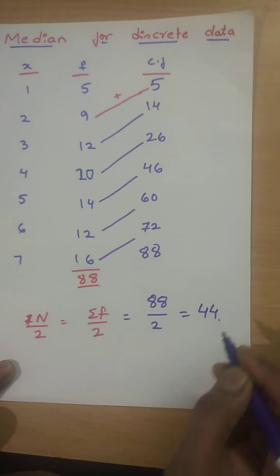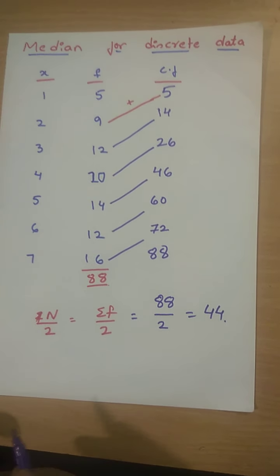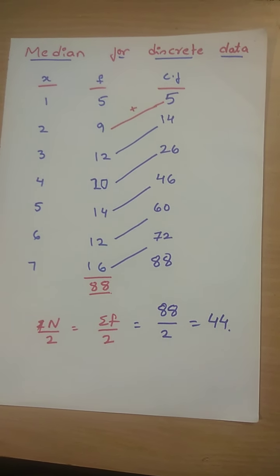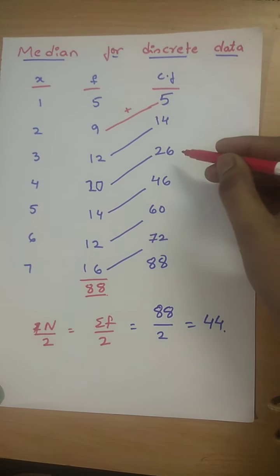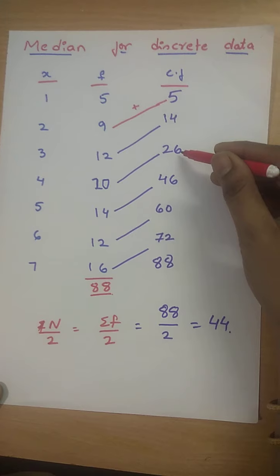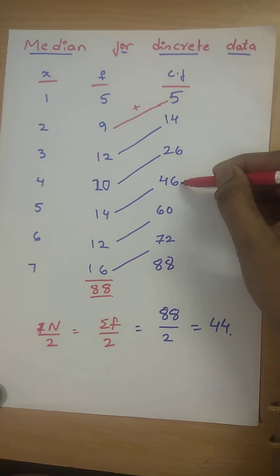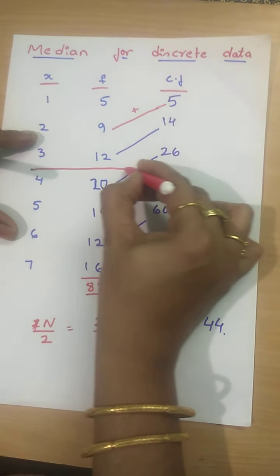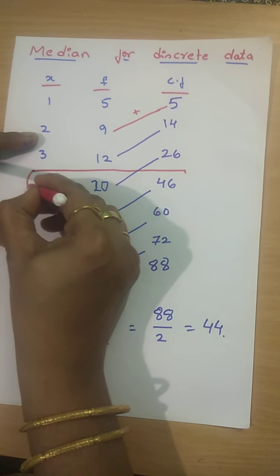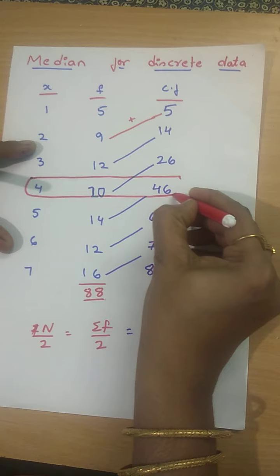So we need to find the median class here. We will check 44 is near to which number. Here 26 is there, 46 is there. So 44 is near to this cumulative frequency 46. So this is the median class.